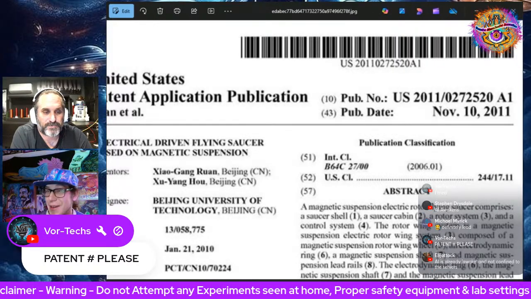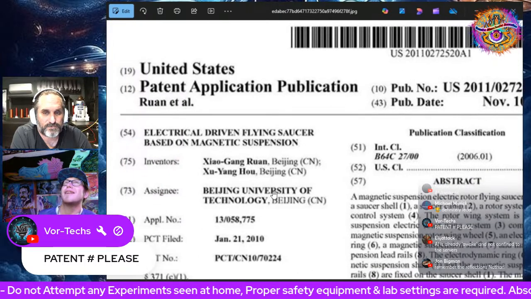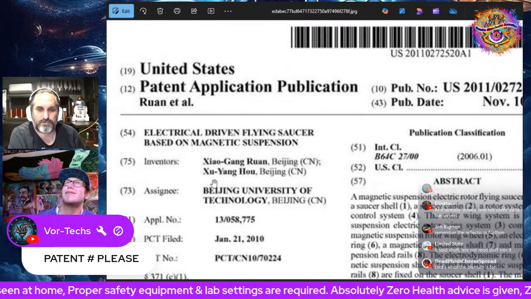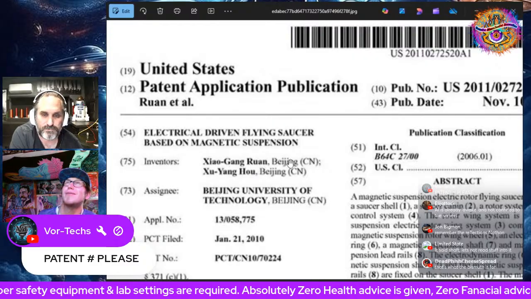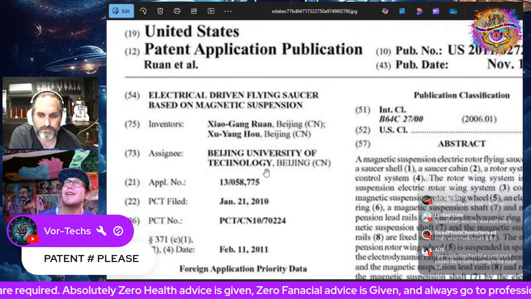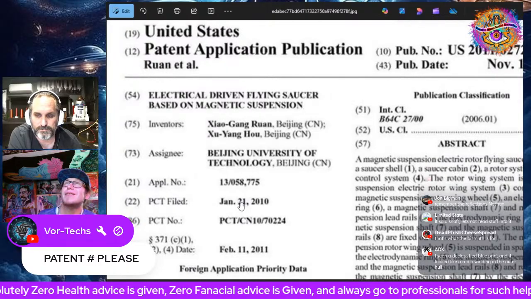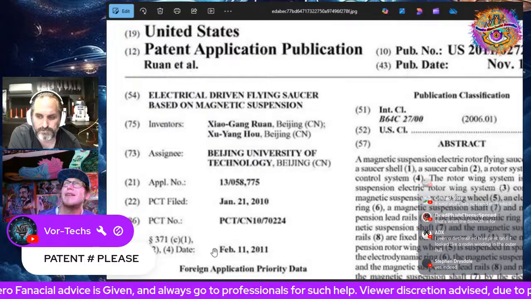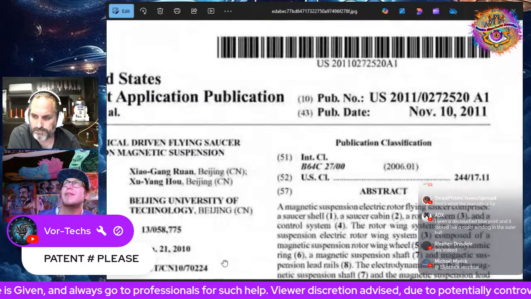And this was originally, so here's the inventors, Yao Gang Ruan and Zhu Yang Hu from Beijing University of Technology, and originally filed January 21st of 2010, published February 11th, 2011.